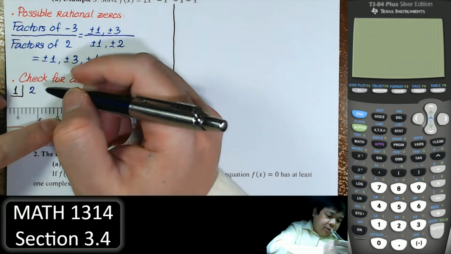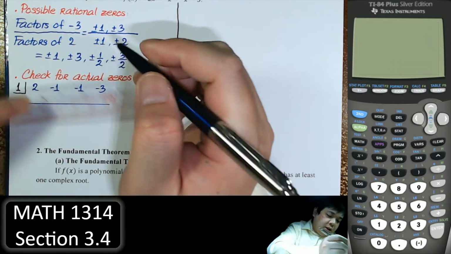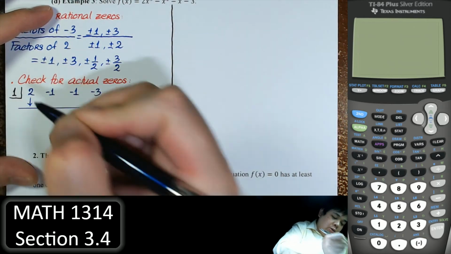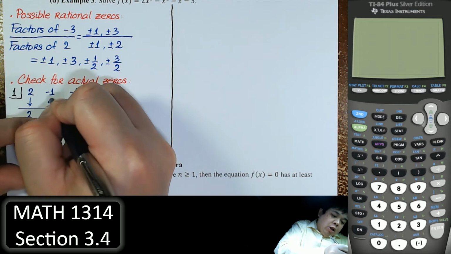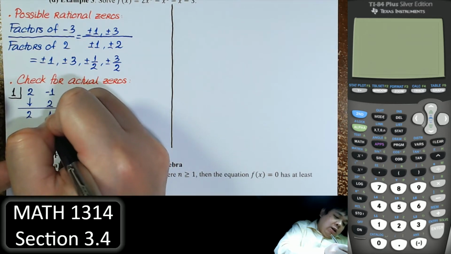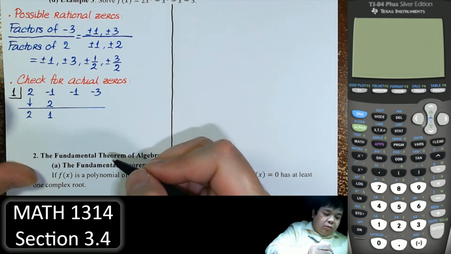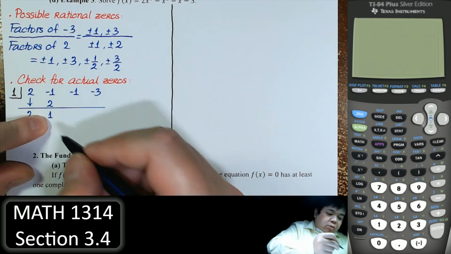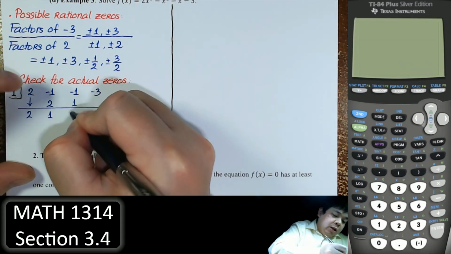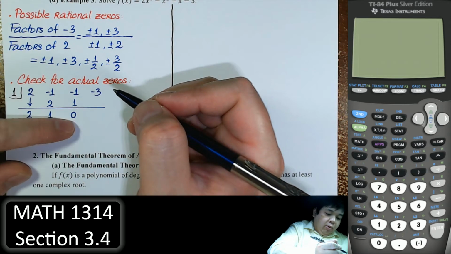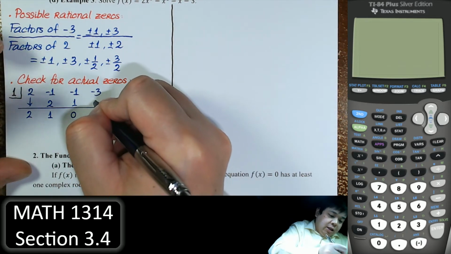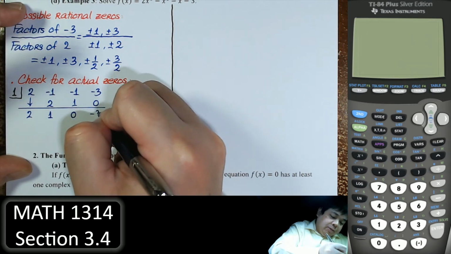Right. So we'll try 1. Drop down the 2. 1 times 2 is 2. 2 and negative 1 gives us 1. 1 times 1 is 1, that gives us 0, and 1 times 0 is 0, and negative 3.